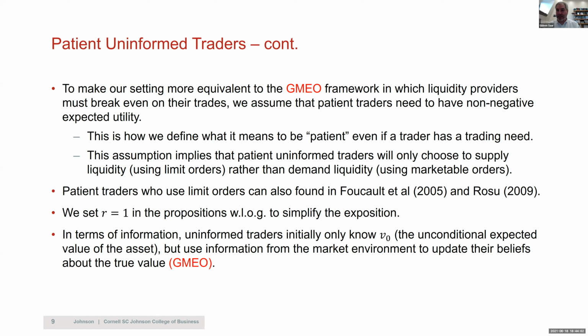Not marketable orders, right? They're not willing to pay for liquidity, only supply. And in terms of information, they don't know what the realized value is. They just know the starting probability Q0, and then they will use, like the dealer in the traditional model, the trading environment to learn information.